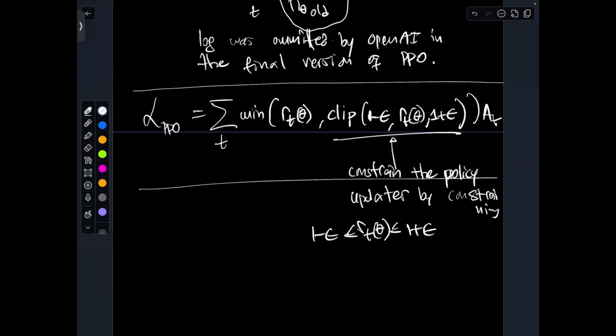And obviously, the min here ensures that you take the minimum between the original r t of theta and the clipped version. Okay, so that is the PPO loss function.